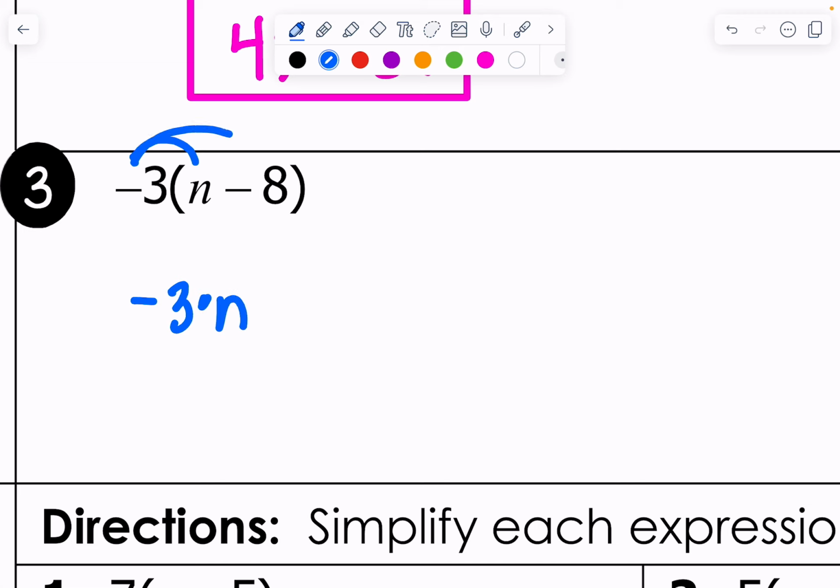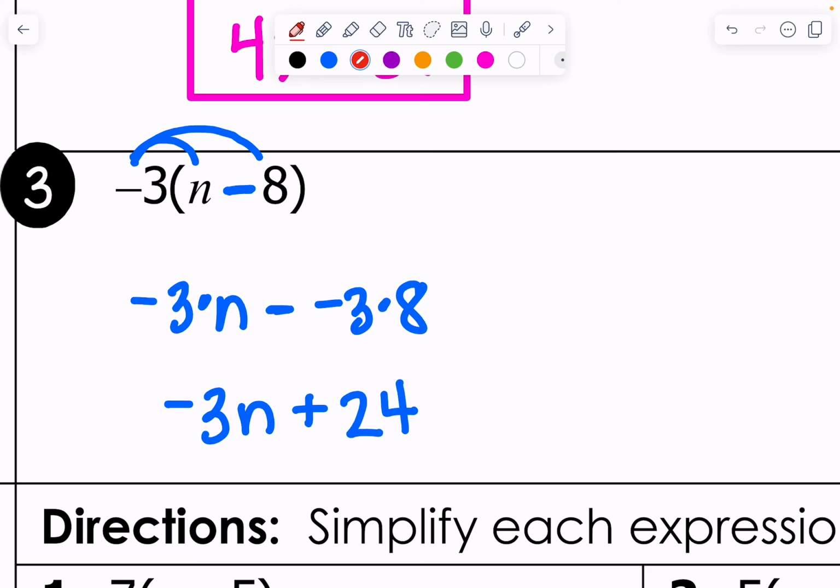But then we need to take -3 times 8, and we still have this subtraction in between. So this is -3n plus 24 because we have this minus a negative, which turns into plus a positive.